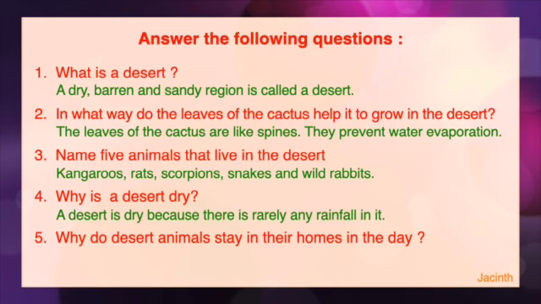You need to answer in a full sentence. It is against the rule to start your answer or your sentence with because. You should start like this: a desert is dry because there is rarely any rainfall in it, or there is rarely any rainfall in deserts. That is why they are dry.